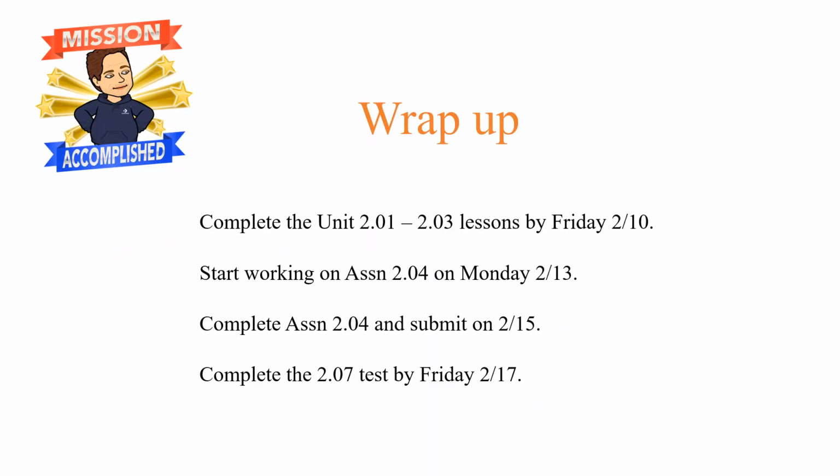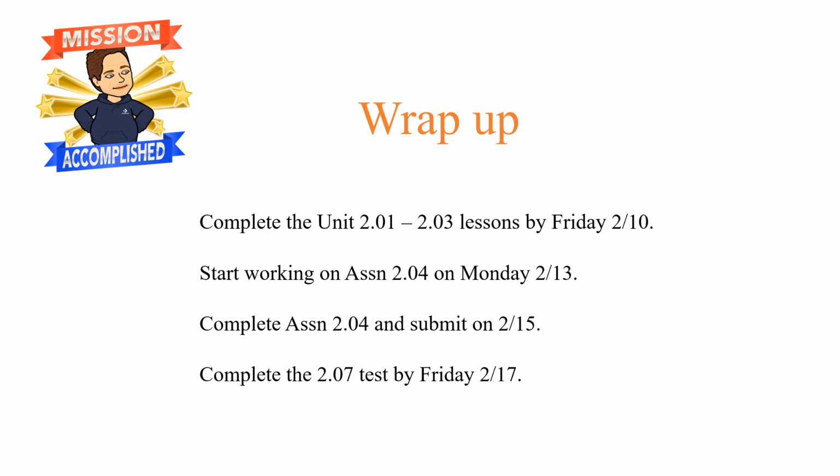Okay, wrapping up Unit 2, what you need to be doing and what you need to have completed by the specific dates. So complete the Unit 2.1 through 2.3 lessons. That should have been done by Friday, February 10th. You should have started working on assignment 2.4 on Monday, February 13th. You have more time on February 14th, which is today during this workshop time.